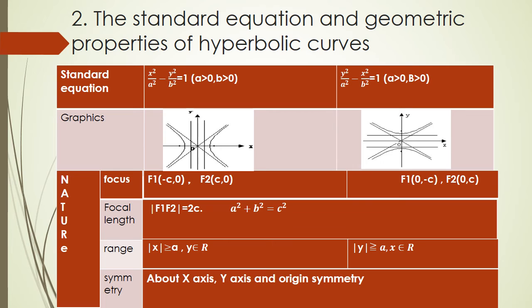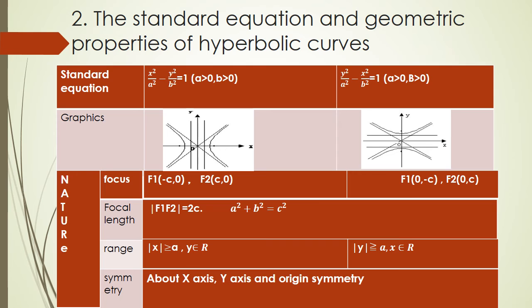F1 is minus C, 0 and F2 is C, 0, and for the other one, F1 is 0, minus C and F2 is 0, C. But they have the same focal length. The value of F1F2 equals 2C, and a squared plus b squared equals c squared. They also have the same range.